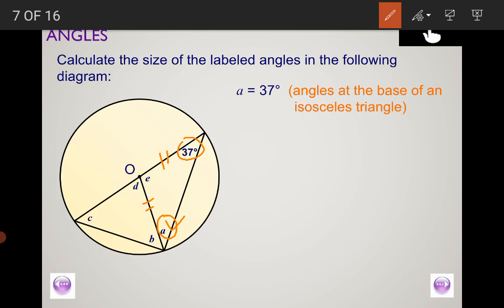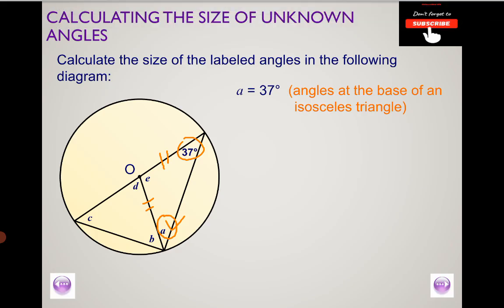So right away we're saying A equals 37. Their angles are at the base of an isosceles triangle. That's the justification why we are saying angle A is 37. As long as this is a radius and this is another radius, these two angles are equal. So A is equal to 37 degrees. I hope we are good on that.